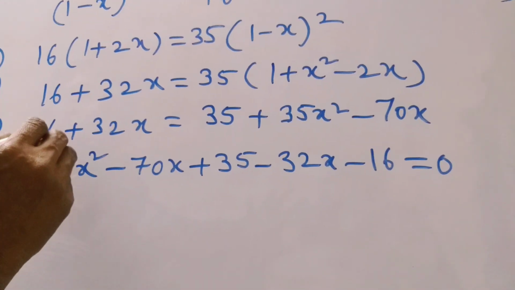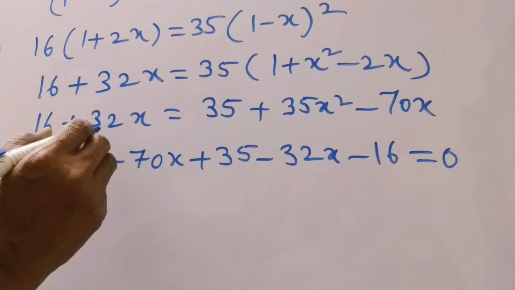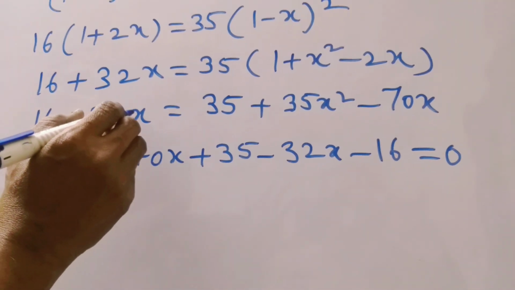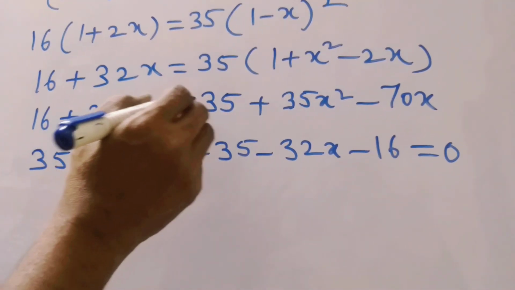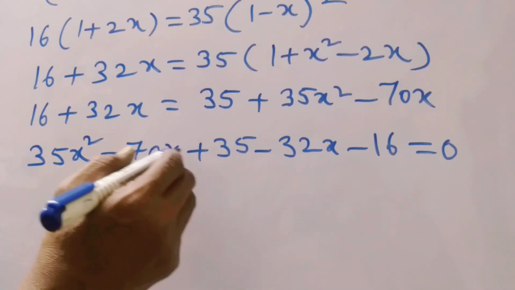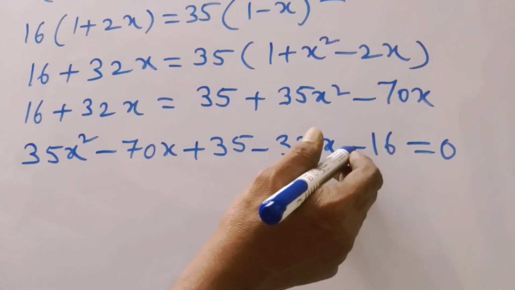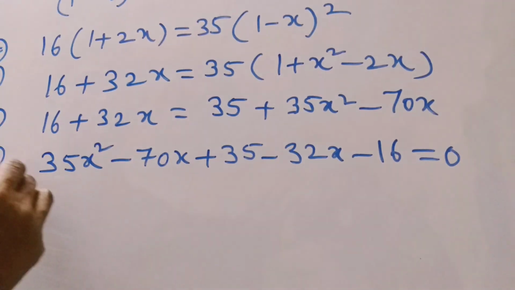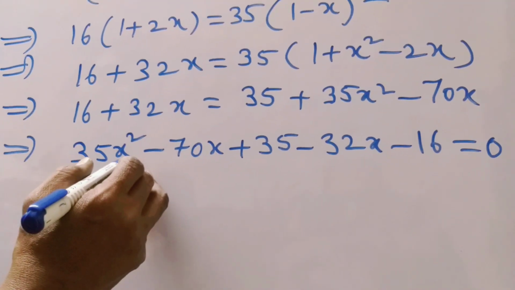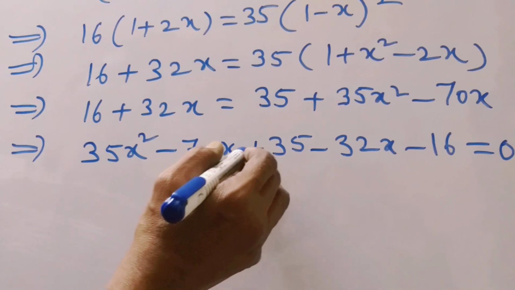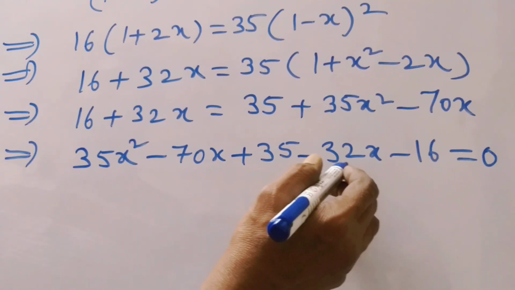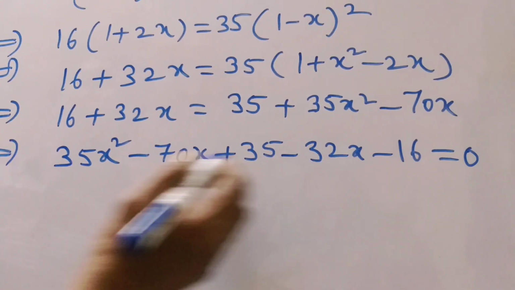Transposing 16 plus 32x to the right hand side, it becomes minus 32x minus 16. So the entire expression is 35x square minus 70x plus 35 minus 32x minus 16 is equal to 0.